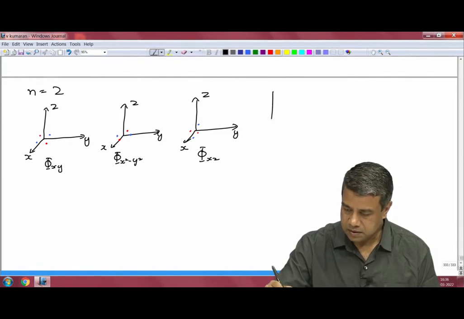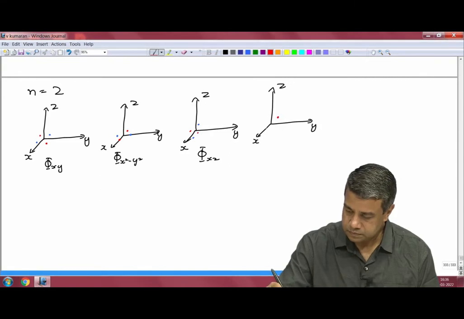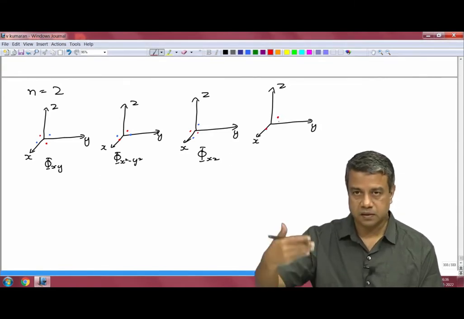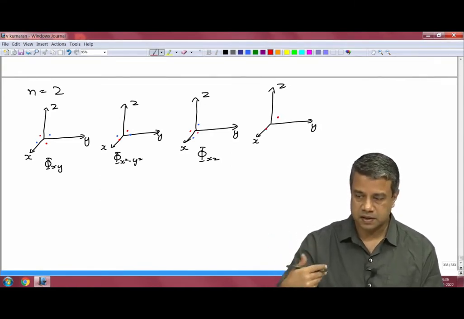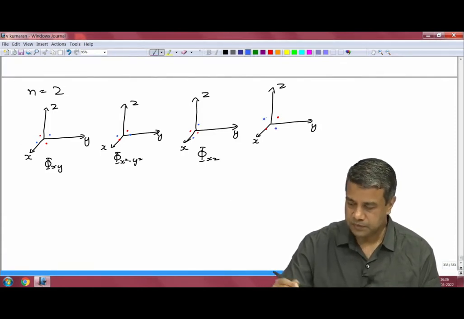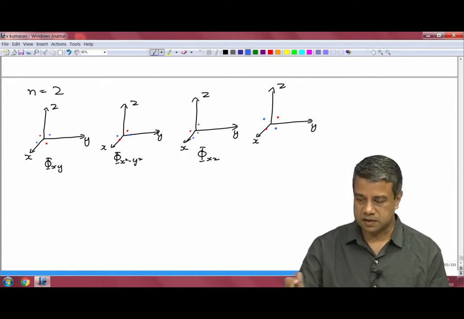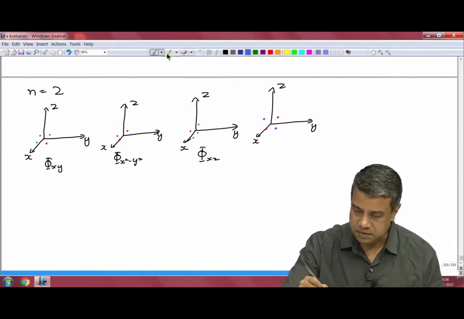The other one is in the yz plane. It is not projected in the x direction. All the sources are separated by distance L, and this corresponds to the function.